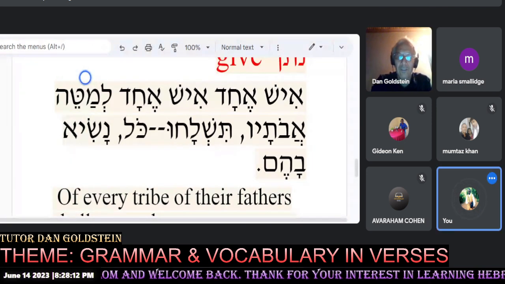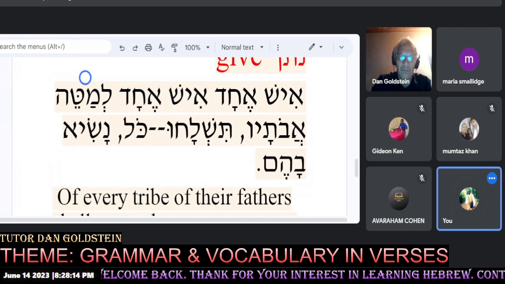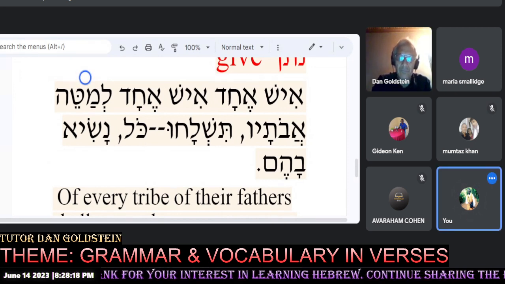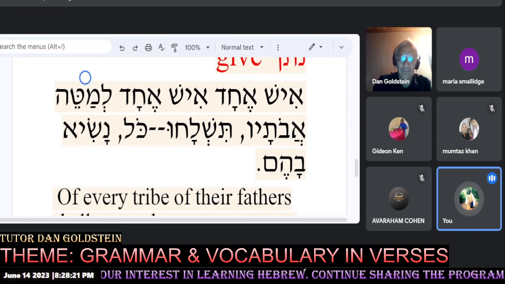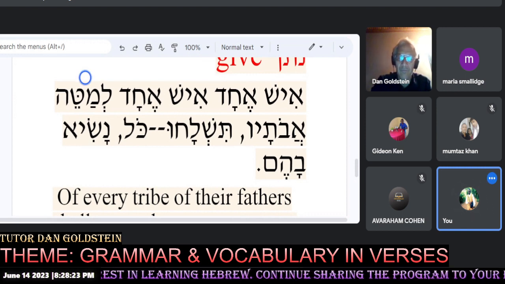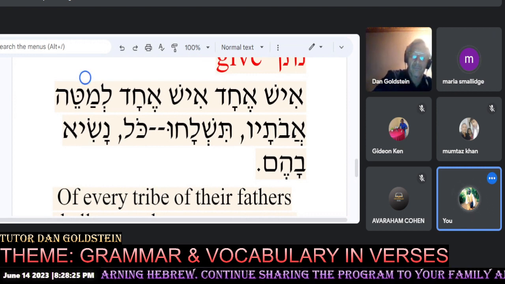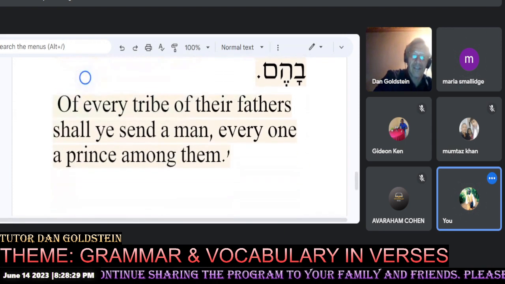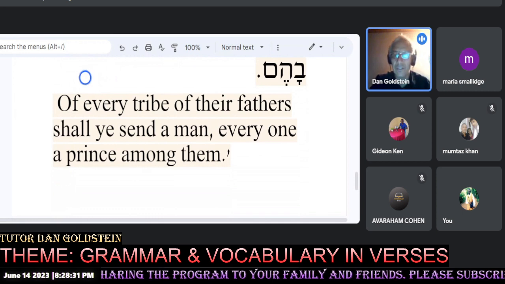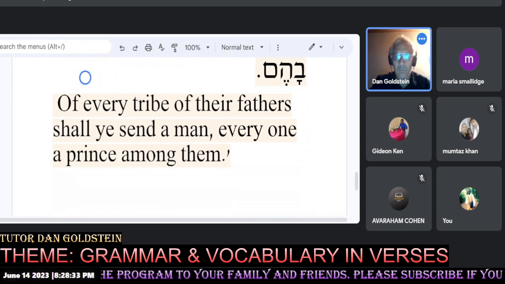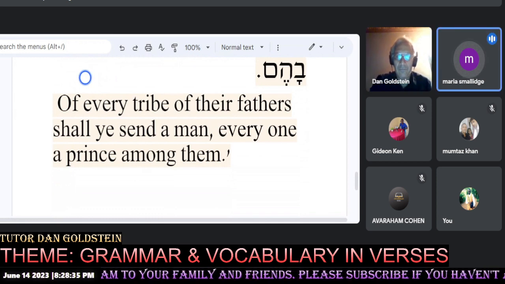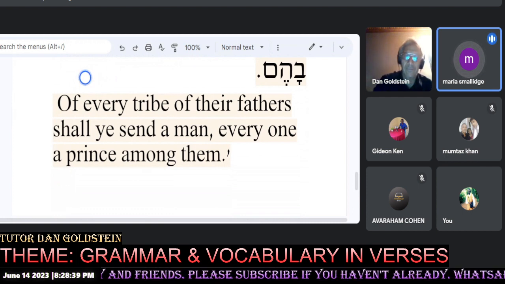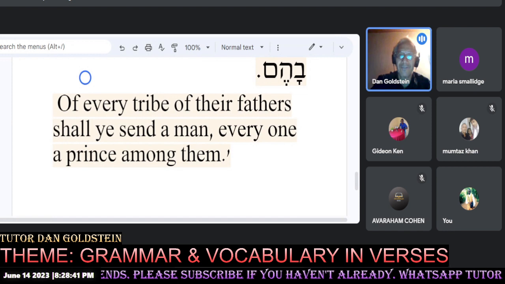Lahu. Beautiful. Kol nasi vahem. Well done. And Maria, kindly give us the English if you would. Of every tribe of their fathers shall ye send a man, every one a prince among them. Well done. Very nice, guys.